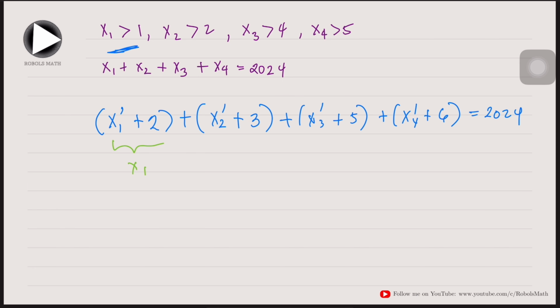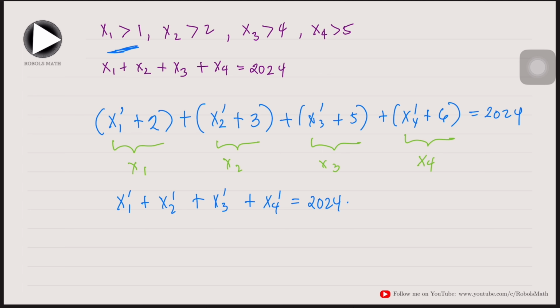We isolate the variables on the left side, but I'll just write the labels here to be clear. We get the sum of the prime variables is equal to 2024 minus 2 minus 3 minus 5 minus 6, which is equal to 2008.